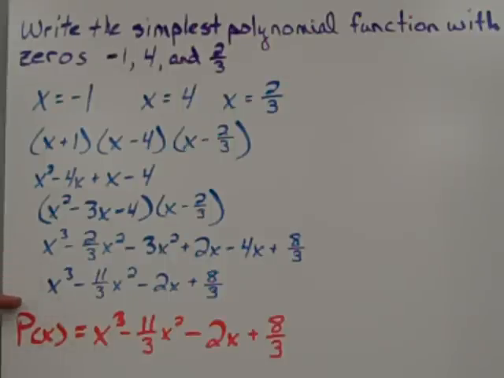And then I combined the like terms. That gave me x cubed minus 11/3 x squared minus 2x plus 8/3. And I rewrote it as a polynomial function. So P of x is equal to x cubed minus 11/3 x squared minus 2x plus 8/3.